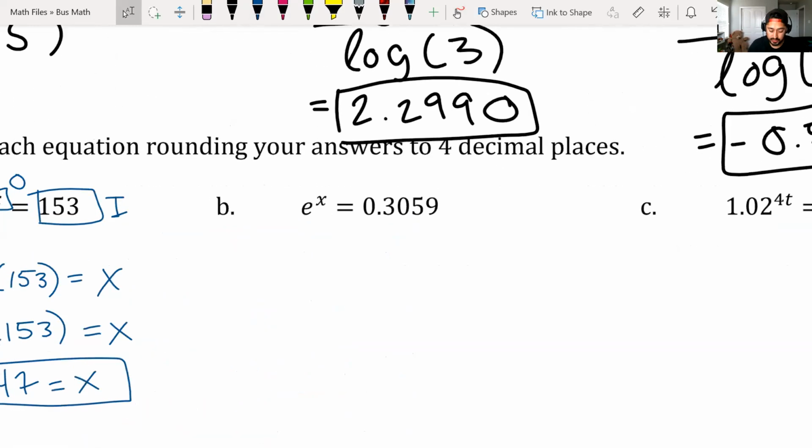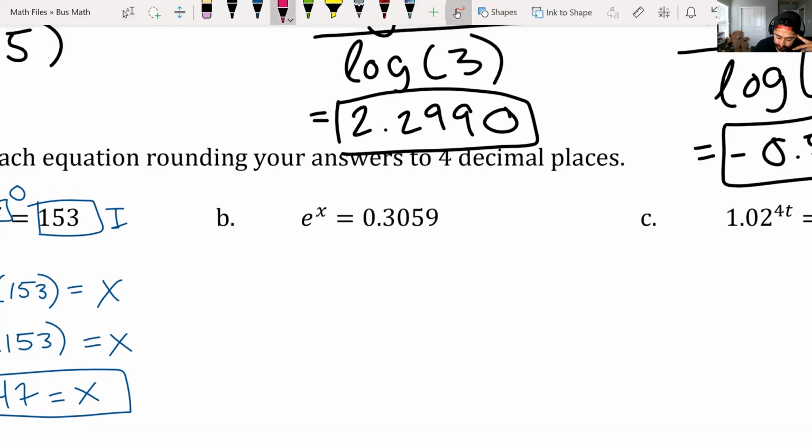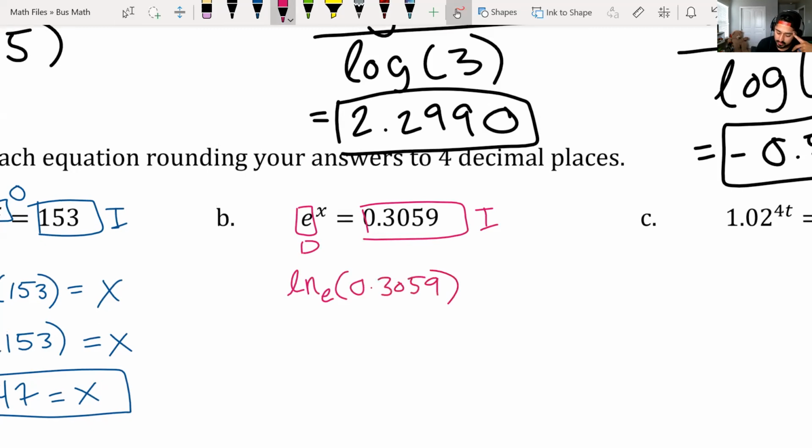Let's do it again. B, this is the natural exponential function, e to the x, which means we will use the natural log. So we'll go from exponential to natural log, since it's the base of e. So this again goes down. So we'll have natural log base e. This number goes in, natural log base e of 0.3059 equal to this exponent, which goes out, x.